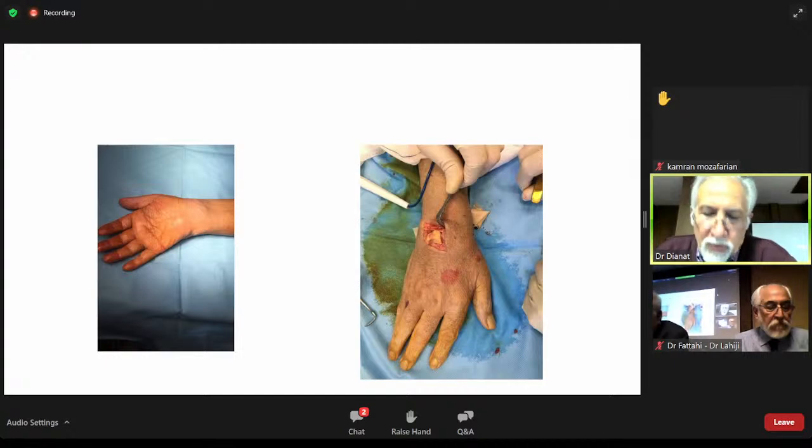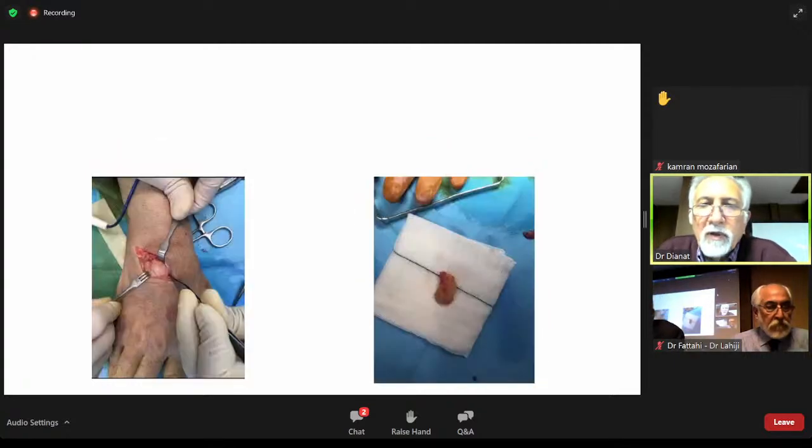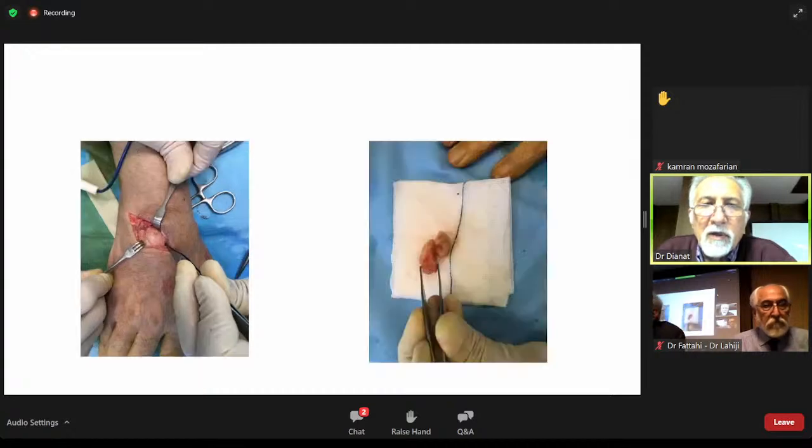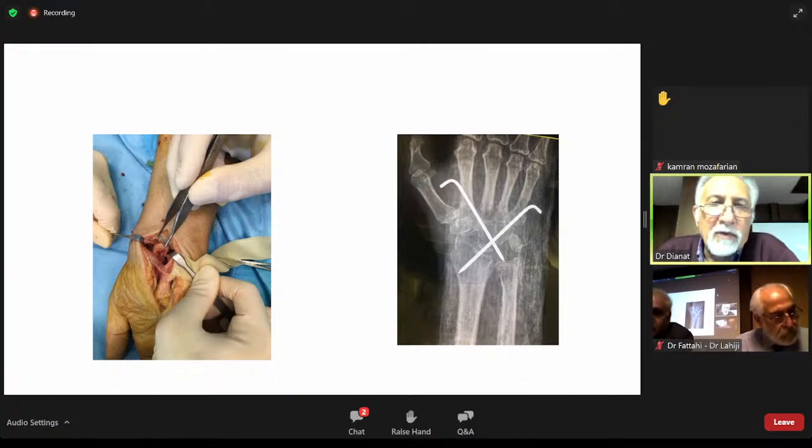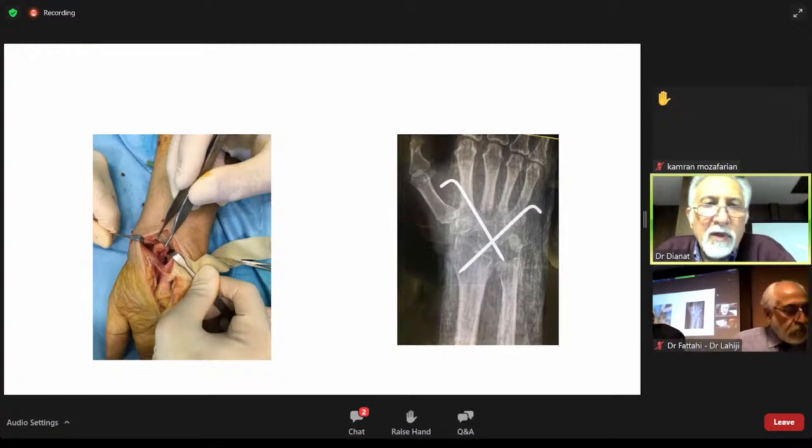So we tried to approach the volar side because the scaphoid was on the volar side. We tried to remove it because it was sclerotic bone with changes of the cartilage.